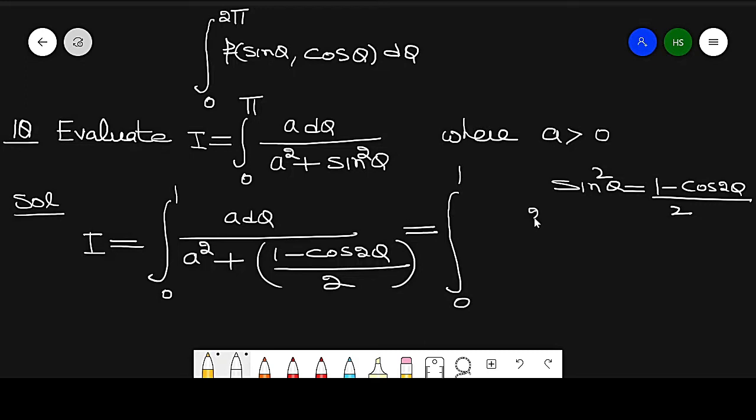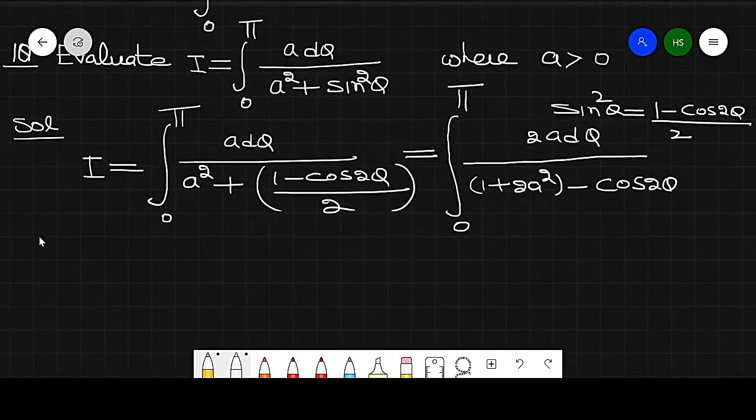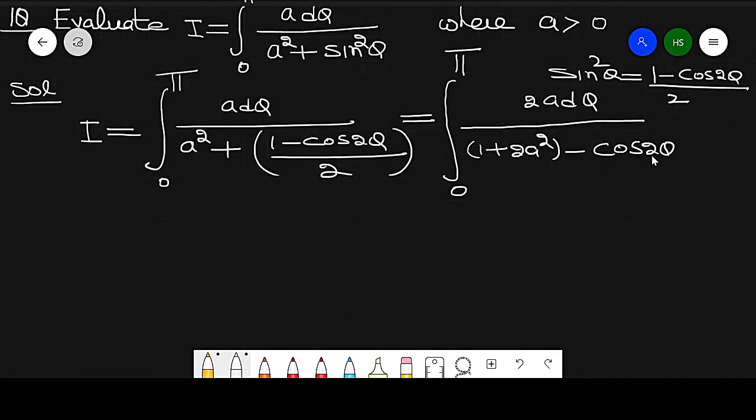Now this is equal to integration of 2a d theta over 1 plus 2a square minus cos of 2 theta. So this integration is 0 to pi. To complete a circle, I will change the limit from pi to 2 pi by substituting 2 theta equal to t.